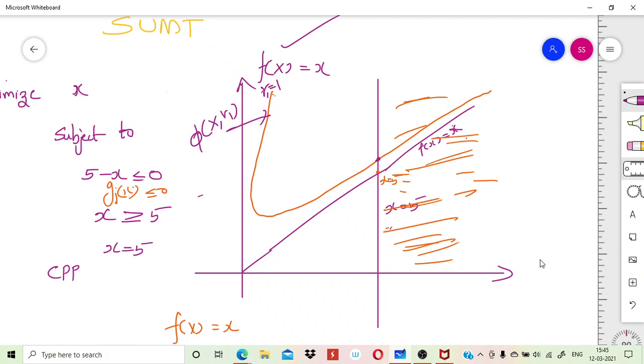And if we increase r1 to 10, the phi function will look like this, and our new solution will be this. In that manner, if we increase r1 to infinity, this phi will coincide with the minimum value, the x equal to 5 point.